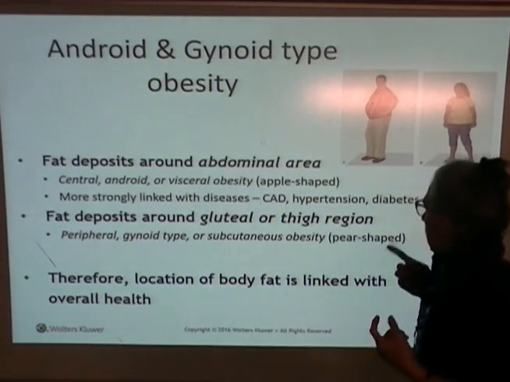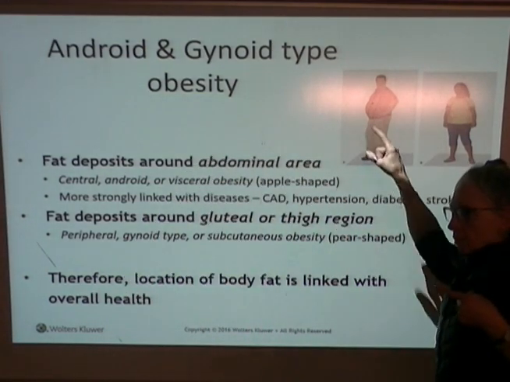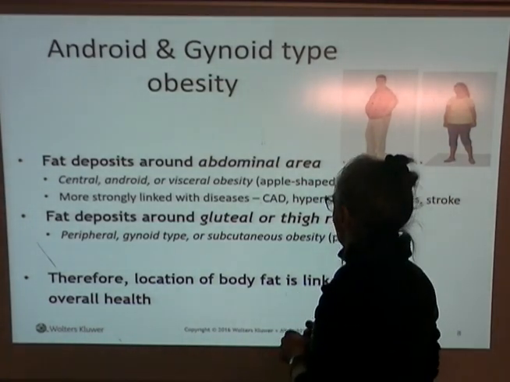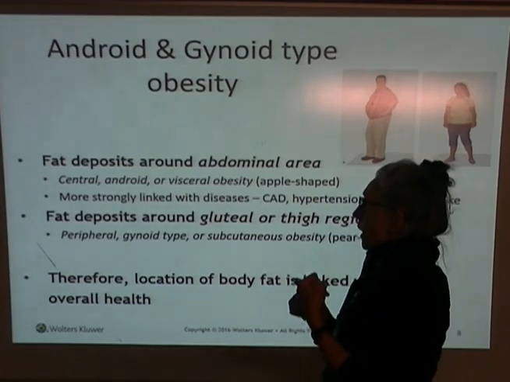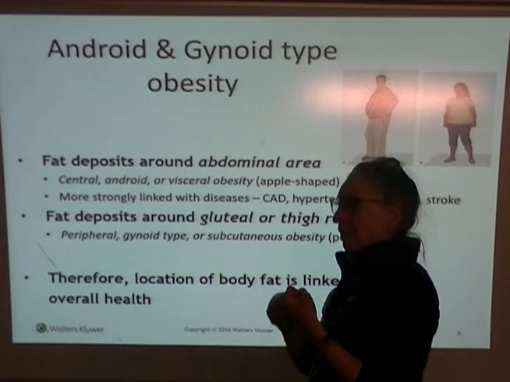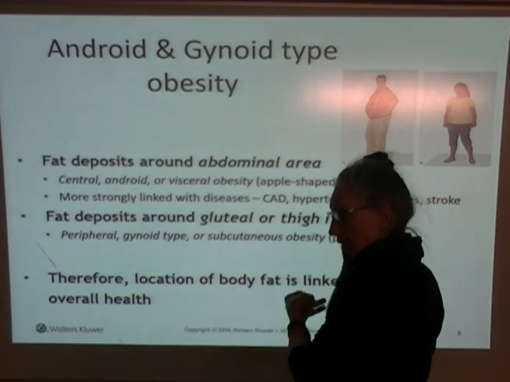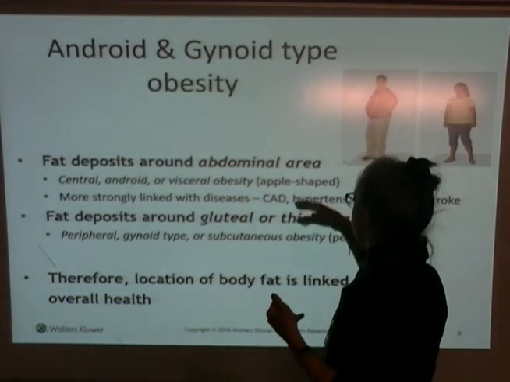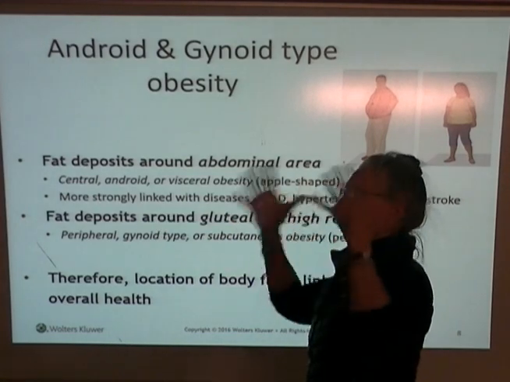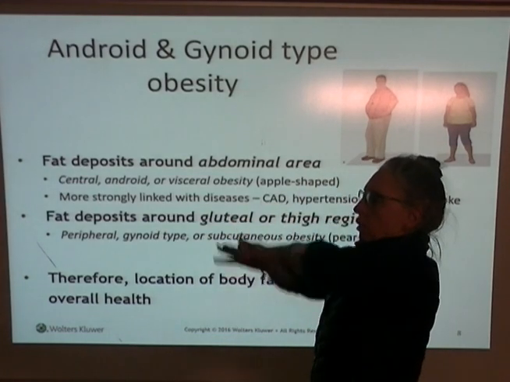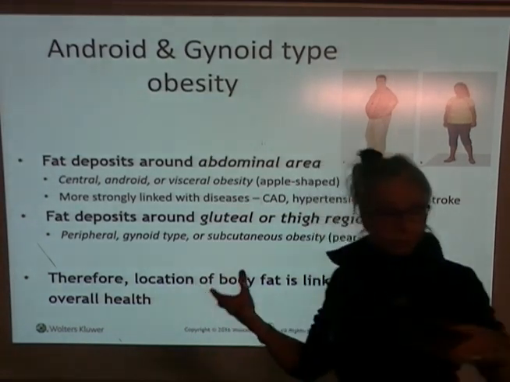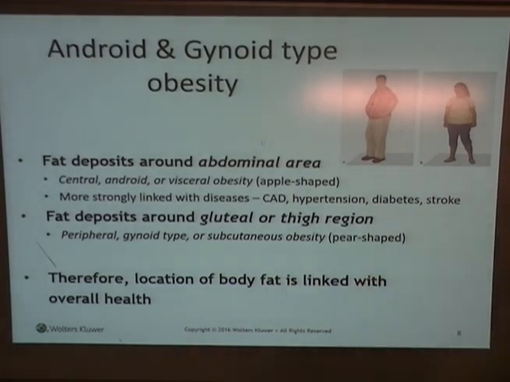And that tends to make us apple-shaped, right? We carry all our weight here. So we look like a nice round rosy apple. It's typically more male, but that doesn't mean that you don't see females that exhibit that picture. So my sister is a classic apple, long skinny legs, long skinny arms, beautiful cheekbones, and from here to here, she's like this, right? It's unusual for the female, but you do see it, right?